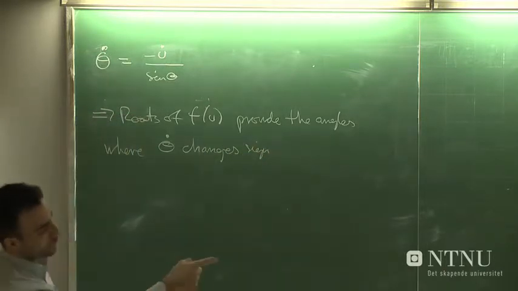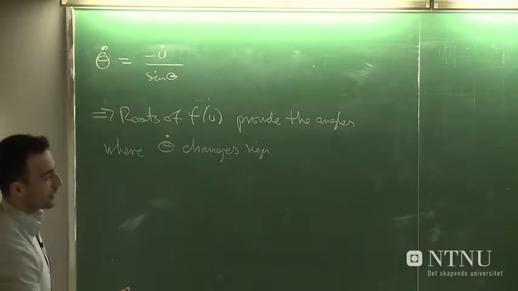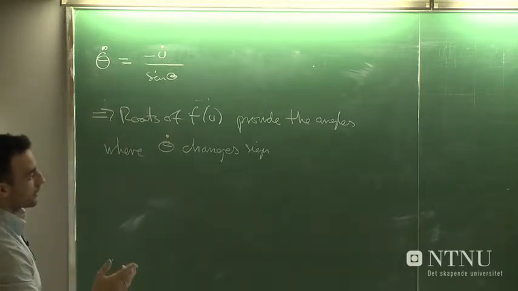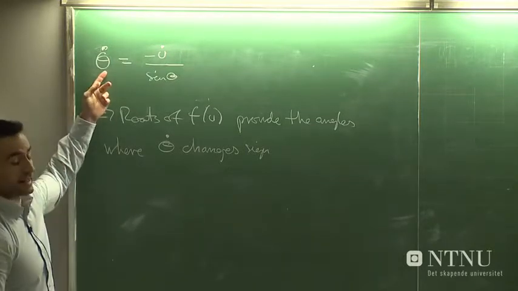So the roots of the function f of u should provide us with the angles theta, which are related to u, where this velocity changes sign.